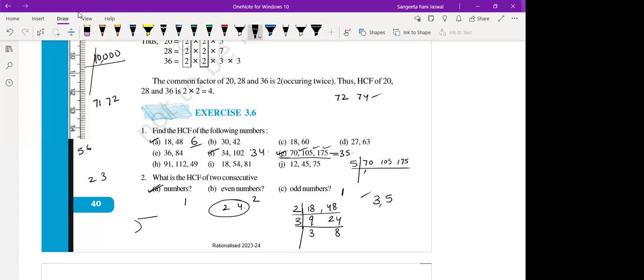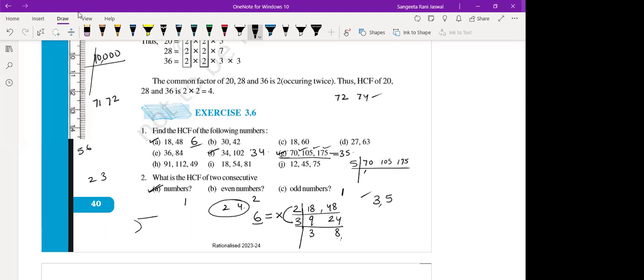See, 8 can have different factors, 3 can have different factors, but is there any factor which is common between both 8 and 3? No. Okay, so there is no more common factor here. The only common factors were 2 and 3. When I multiply 2 and 3, I get 6.